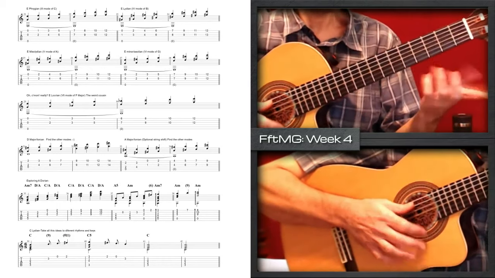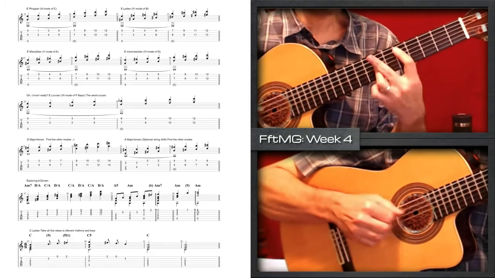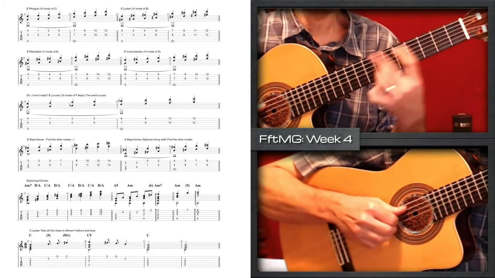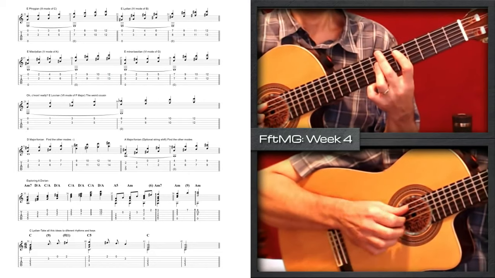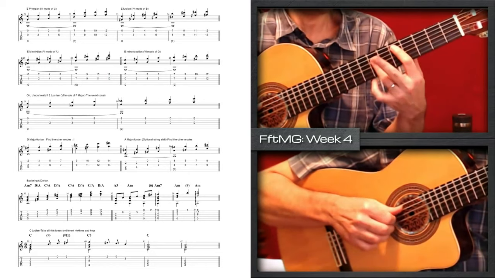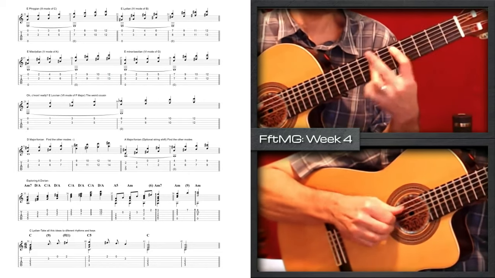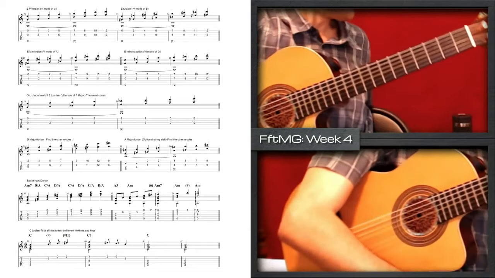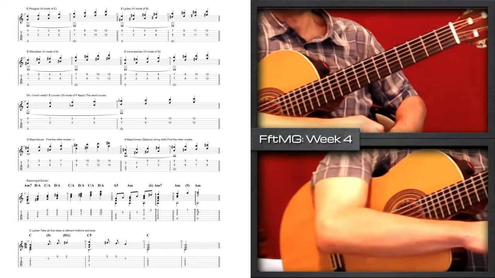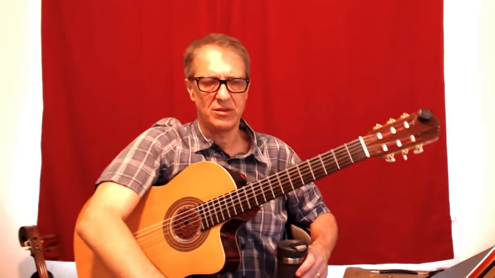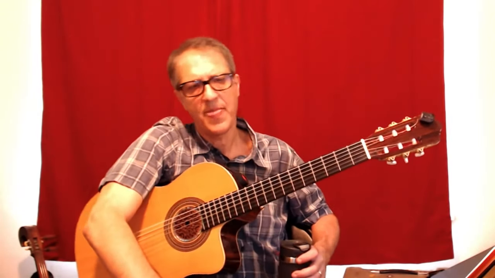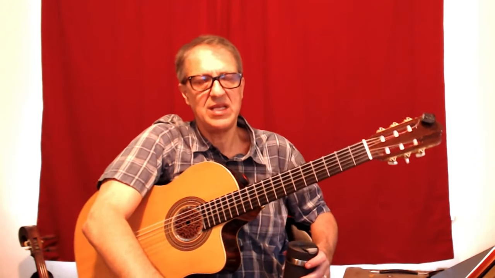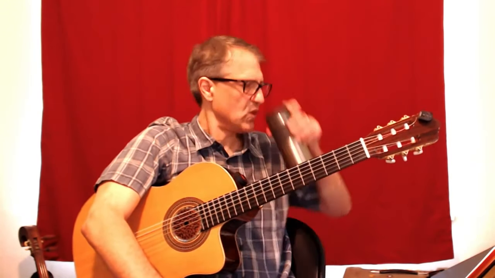So the chords in C Lydian, C and D, C and D, are very characteristic of C Lydian, and the chords for Mixolydian would be like D, C, D, C, D, C. If I have a chord progression that is going from a C chord to a D chord, or from a D chord to a C chord, how do I know if I'm in C Lydian or D Mixolydian?